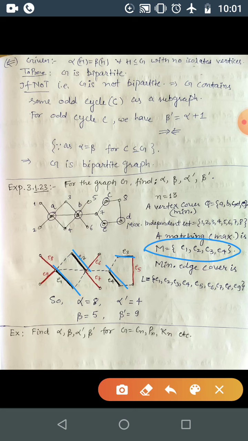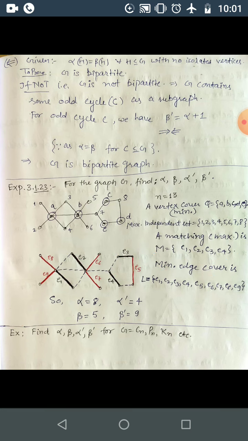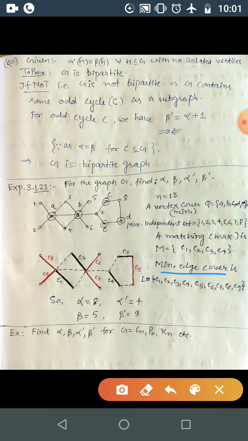Okay, minimum edge cover is the remaining edges. Let me do it again. The minimum edge cover is the edges which are covering all the vertices. So here you can take these two edges, then this one covering this edge, these two vertices covered.